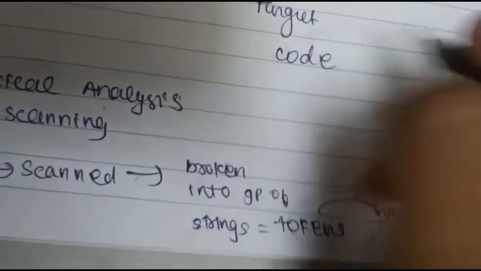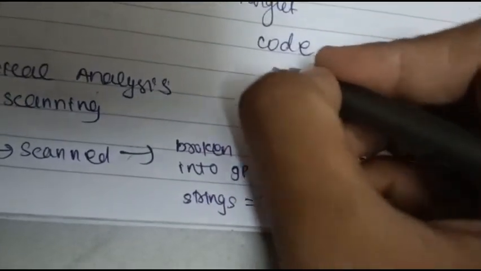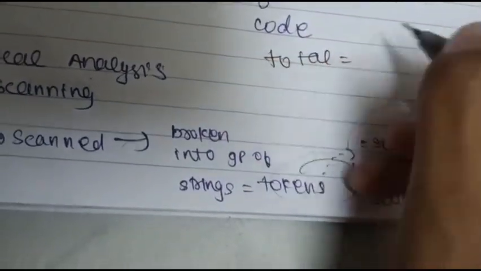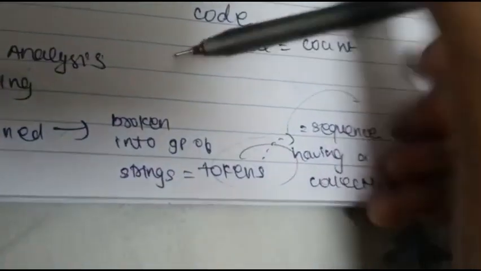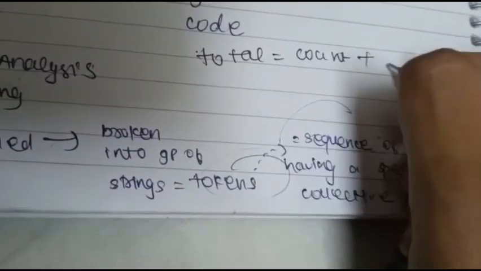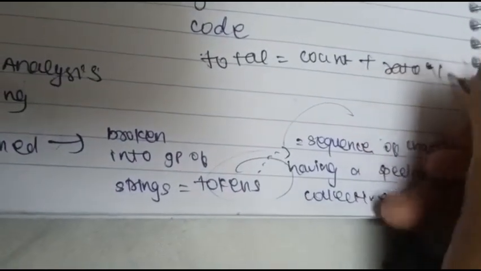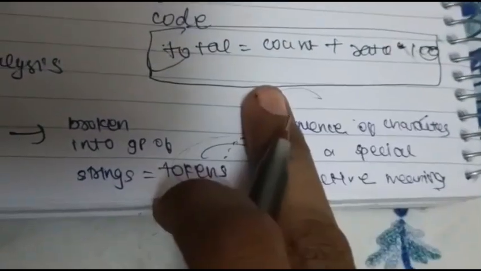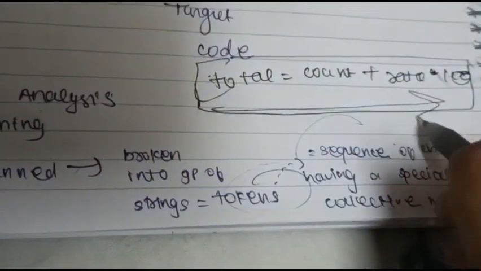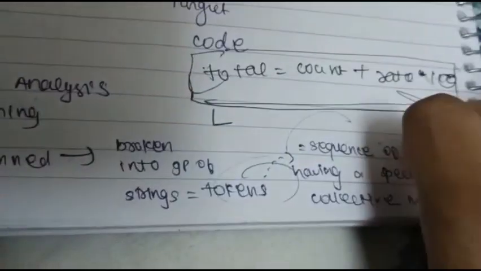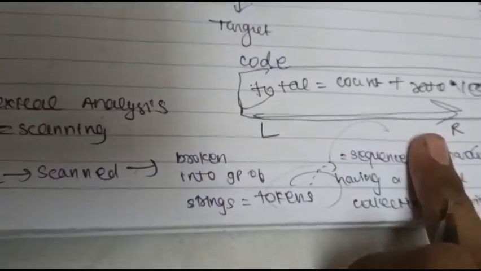For example, let's take one line of the source program. Let's say total is equal to count plus rate into 10. Let's say this is my input, that is my source program. First of all, it is scanned from left to right.